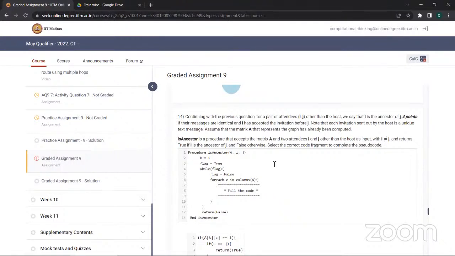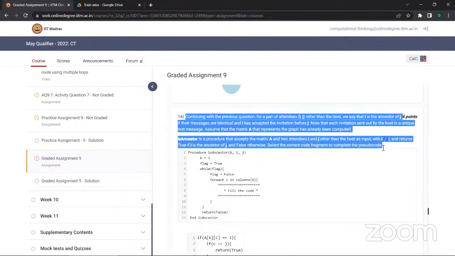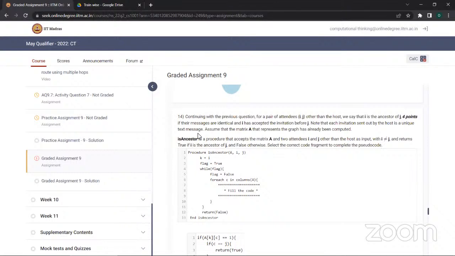Okay, hold on. Let me read the question first. It's okay. Have you understood the question part? Or else I can explain that in parallel. Have you understood what these 5 lines of text are saying?